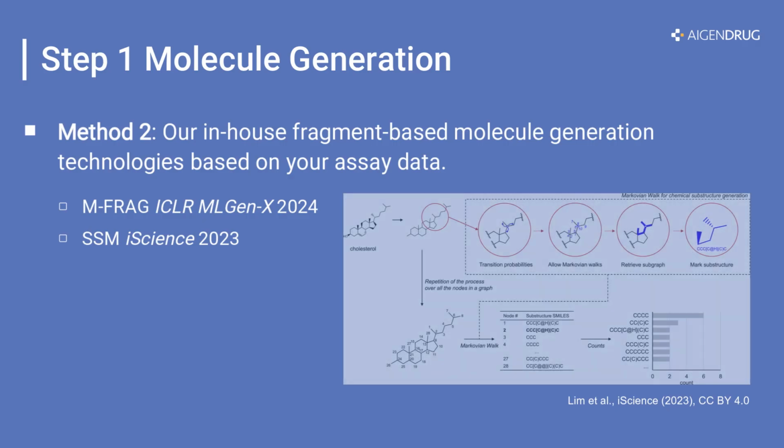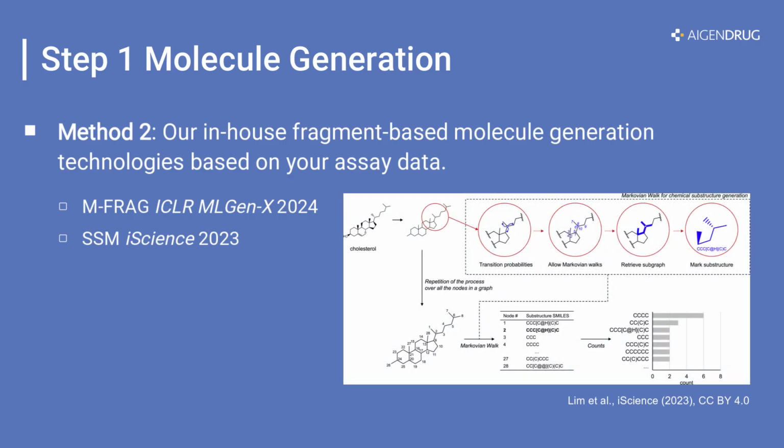The second approach is based on our novel fragment-based molecule generation technology, MFrag, presented at ICLR ML GenX 2024, which is now in submission to a leading journal. To reflect your assay results, we use our in-house subgraph or fragment mining technology published in iScience 2023. Candidate molecules are generated by combining and evaluating fragments directly from your assay results.